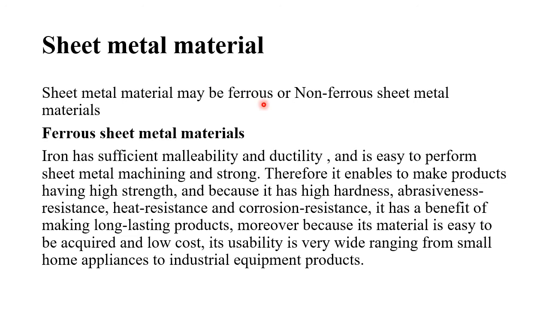These ferrous materials are widely used because they are very malleable and ductile. To be malleable, or malleability, is when you can hammer a material and it becomes flat. So from there you say that it has malleability. This is a known property of ferrous material.